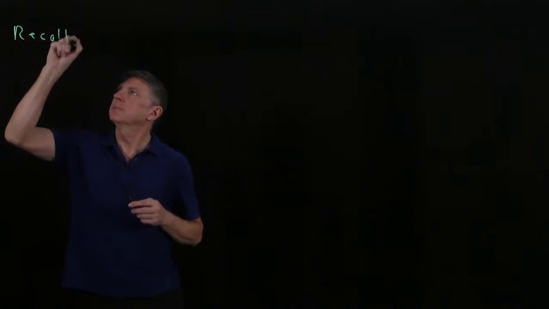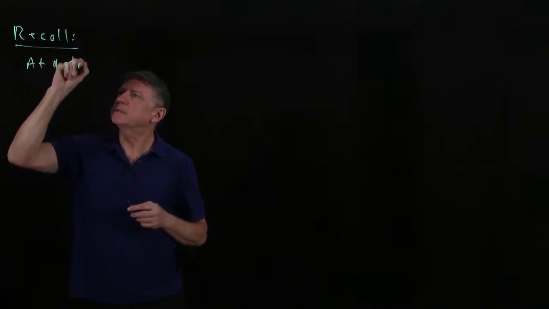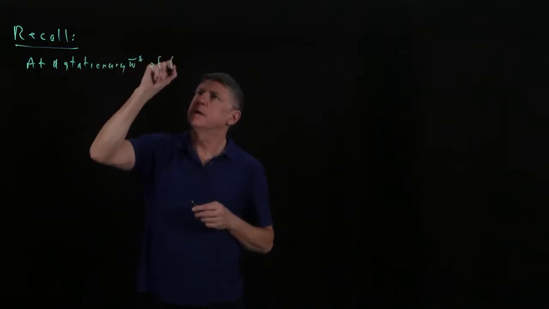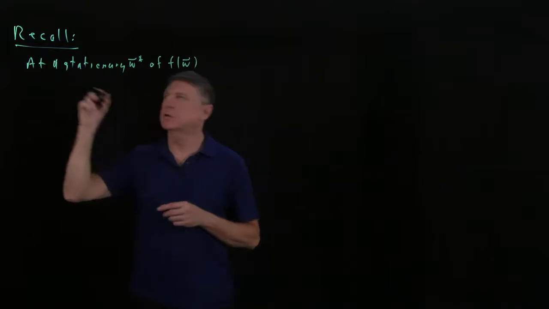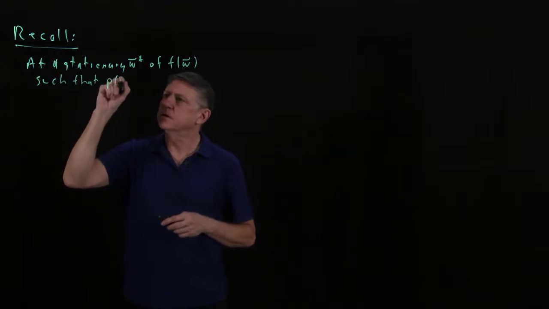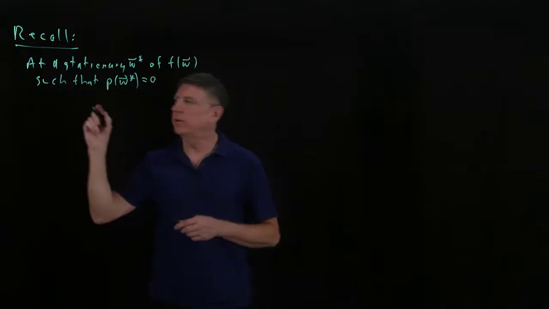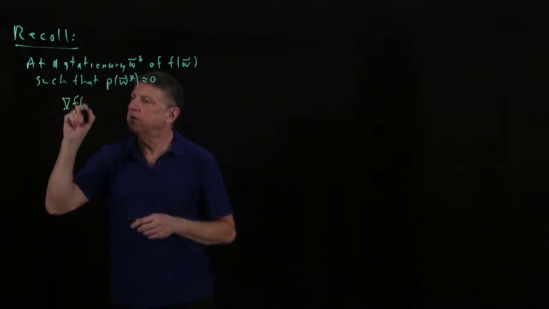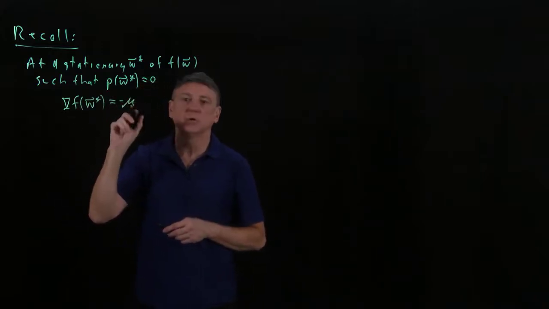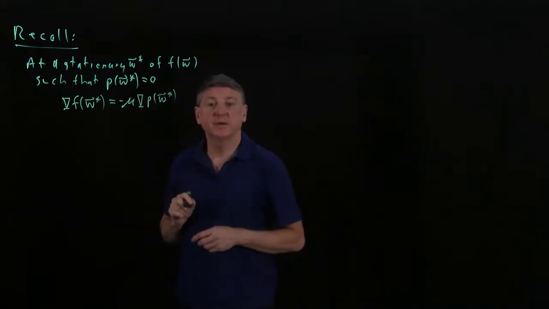Let's recall that at a stationary point of an objective function that has a vector argument, such that a single property function was satisfied at that stationary point, the gradient of the objective was equal to minus a multiplier mu of the gradient of the property at that stationary point.